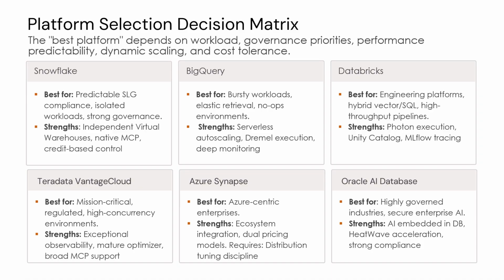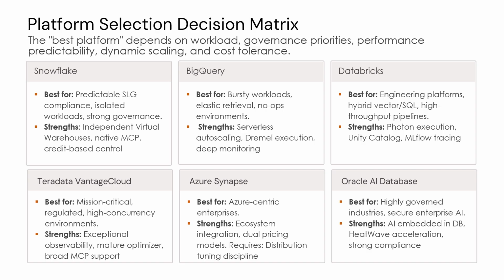As a first step in selection of the appropriate agentic platform, organizations can rely on selection metrics presented by industry analysts. This metric summarizes each platform's strength. For example, Snowflake: its governance and workload isolation. For BigQuery: elastic, bursty environments. For Databricks: engineering-heavy pipelines.